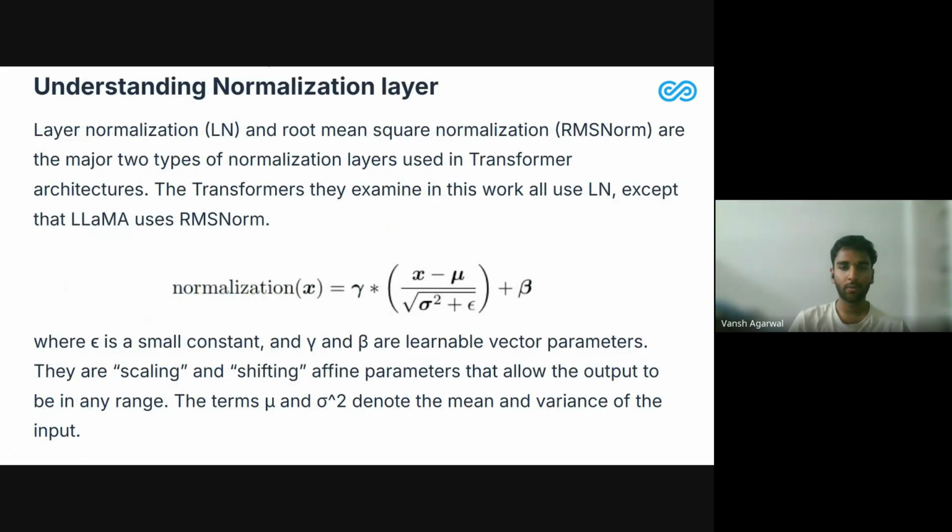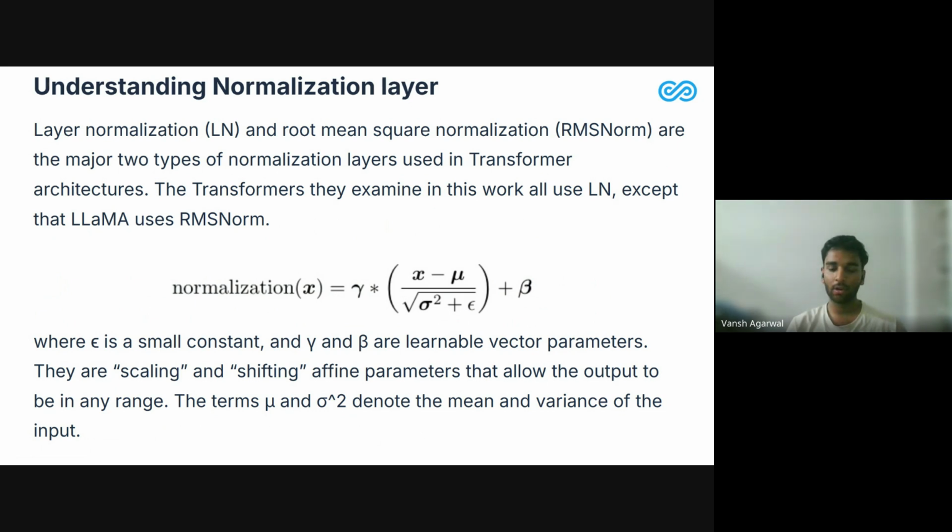So before we begin with what exactly DyT is, let us talk about what exactly normalization layers are, right? In modern transformer architectures, we mainly see two types of normalization: layer normalization and root mean square normalization. These two differ mainly in the way you calculate your statistics.